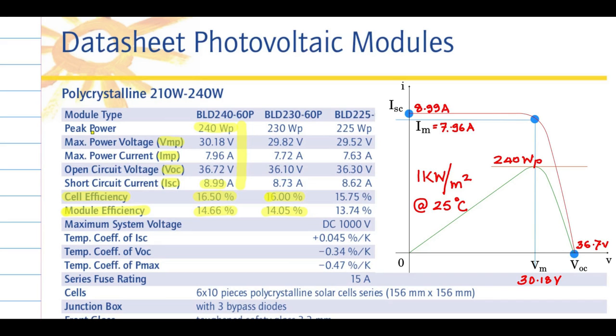Most of the time the peak power rating, as mentioned earlier, is with respect to the pure cell area and pure cell efficiency. However, for practical purposes, whenever you are calculating for a given application, the module efficiency is a much more conservative and better value to take, because you will be using the more practical efficiency.